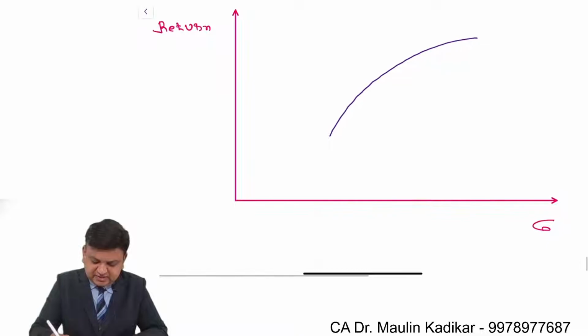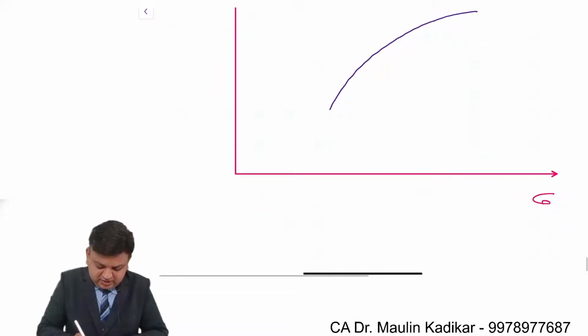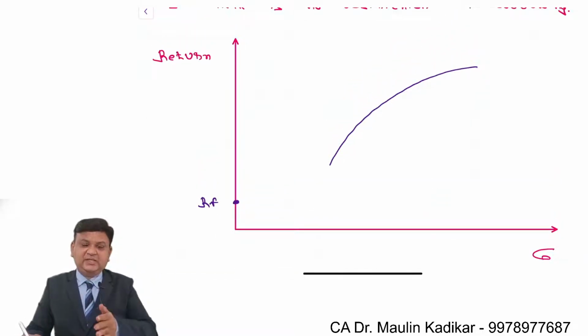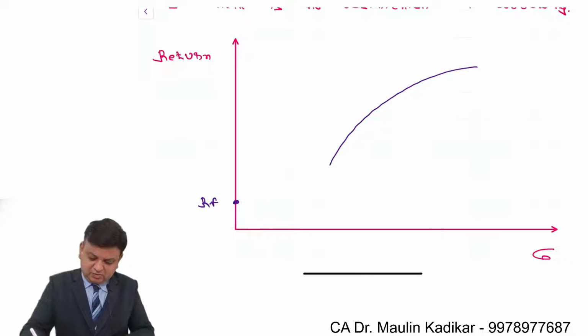Basically, we understand that the risk-free security is plotted over here, RF. Now with the increase in the risk, return increases. So it goes like this.